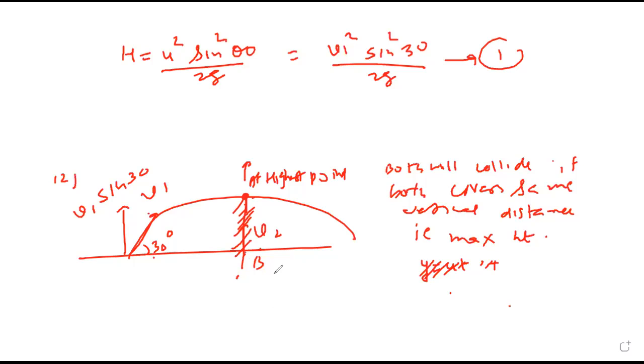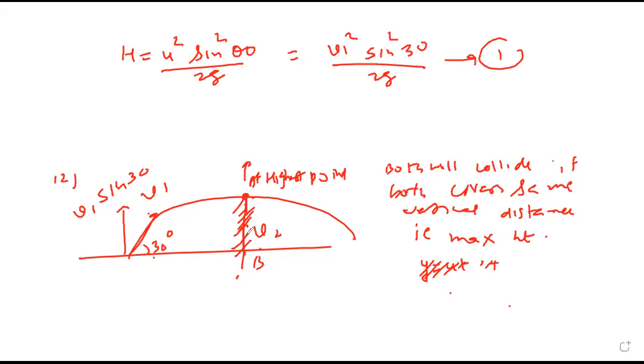For v2, what will you take to get the maximum height? थोड़ा सोचो, फिर ना डाउट भी क्लियर हो जाएगा दिमाग से. v2 square by 2g. Why? Sir, because sin 90.